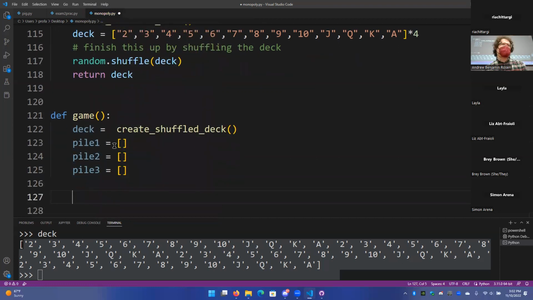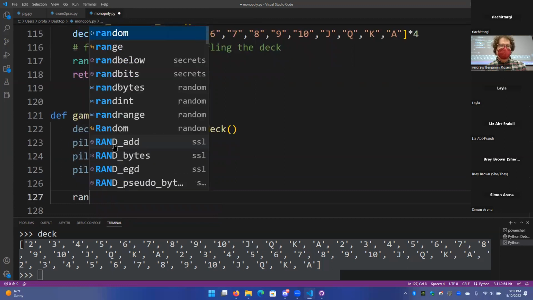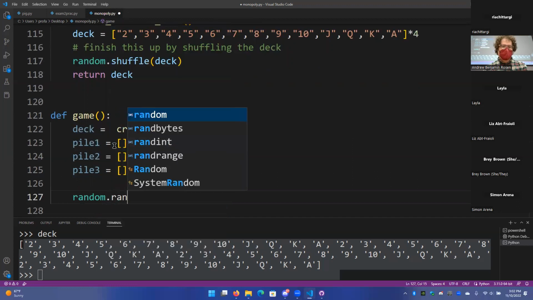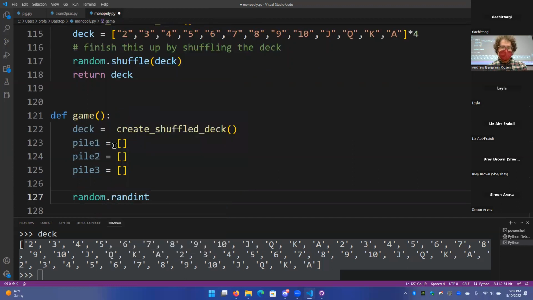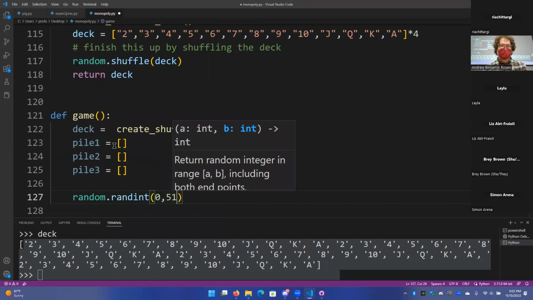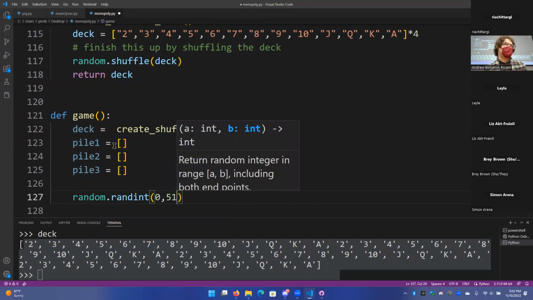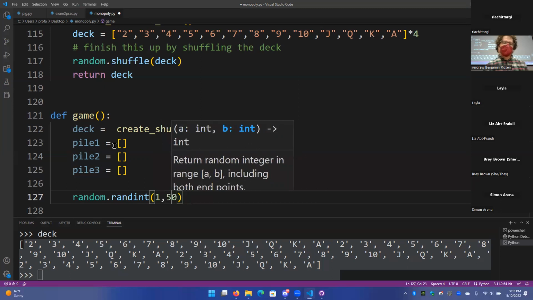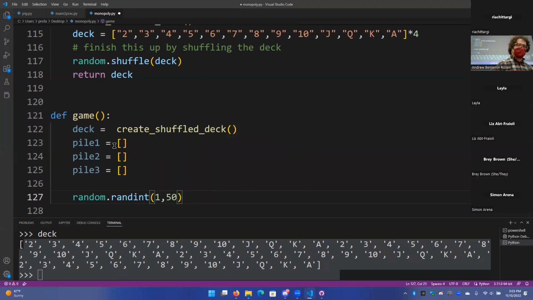So the most direct way to actually split this up into piles is I'm going to choose a random number, random.randint, between 0 and 51, right? Those are our random indexes. Actually, in this case, we need to choose it between 0 and 50 because we need to have at least 2 cards left over. Right? So between 1 and 50 because we need to have at least 2 cards left over.